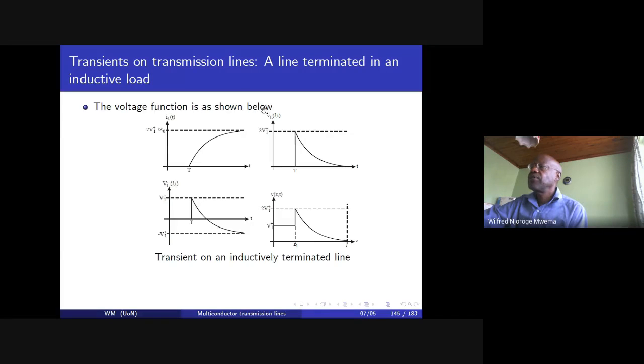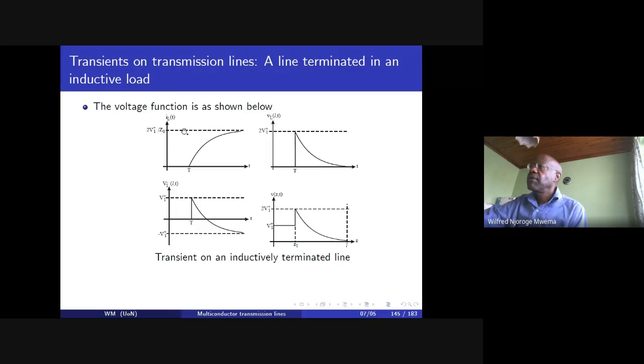The voltage function can therefore be illustrated as shown. Once we throw the switch, the current will start to increase from zero exponentially, approaching a final value of 2V1 plus over Z0.